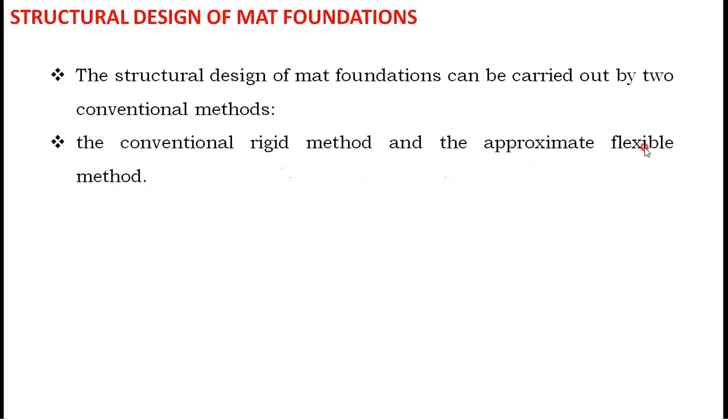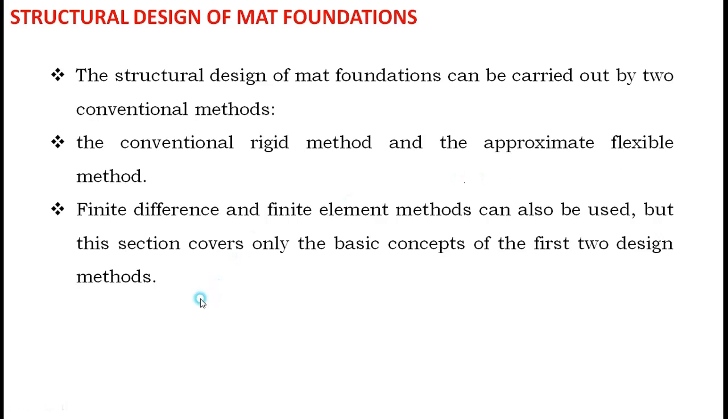The approximate flexible method, elastic method, spring method and Winkler method are all the same. Finite difference and finite element methods can also be used, but this section covers only the basic concepts of the first two design methods.